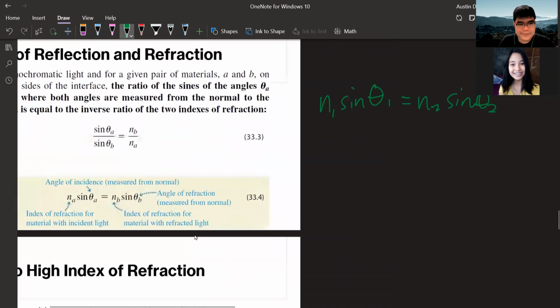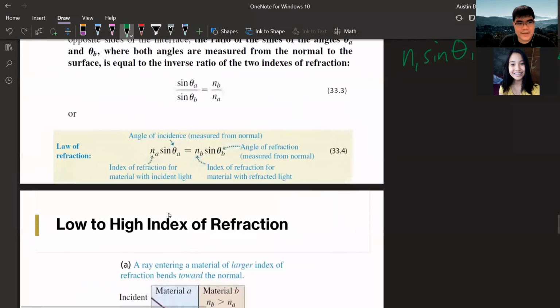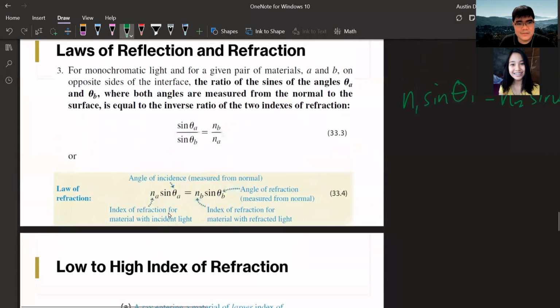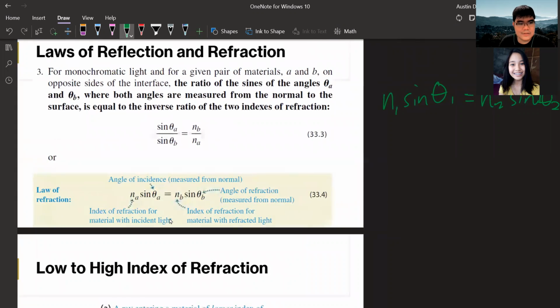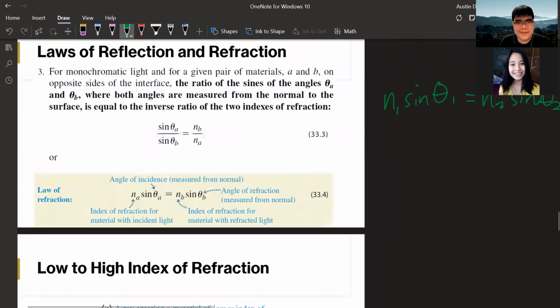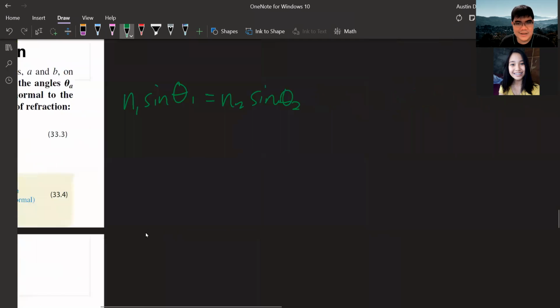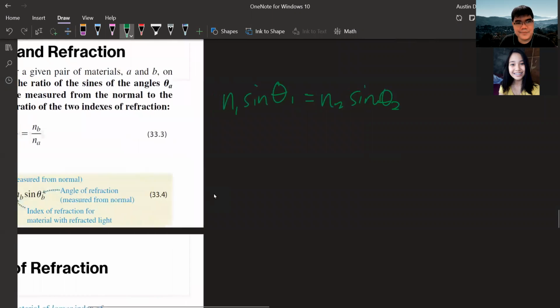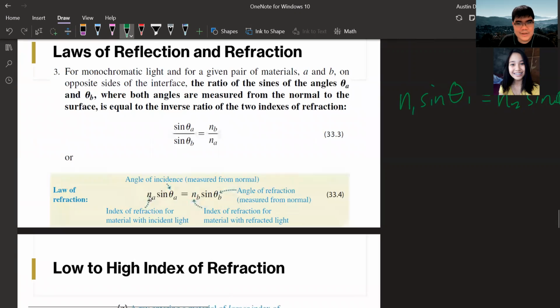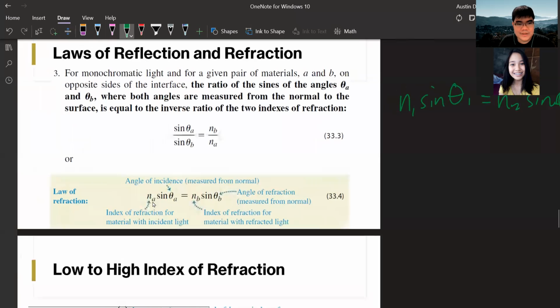It's also called Snell's law, but there are debates that he wasn't actually the first to discover this. So n1, or nA, would be the index of refraction for the material where the incident light comes from, and nB would be the index of refraction for the material containing the refracted light.